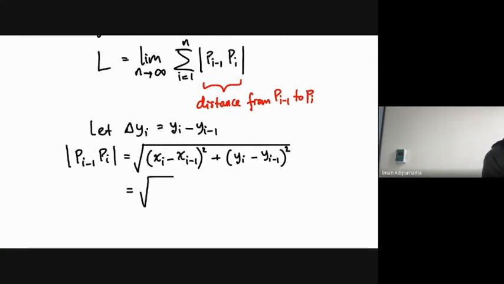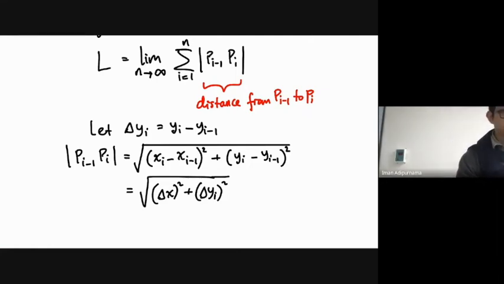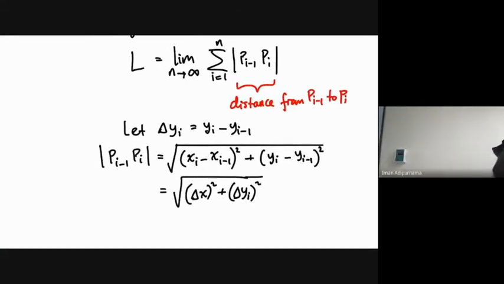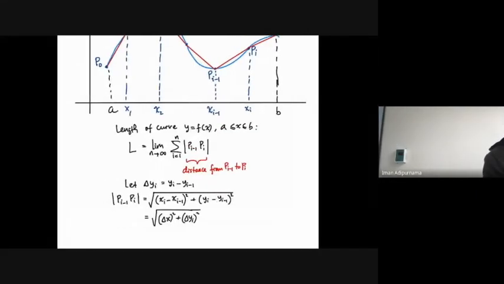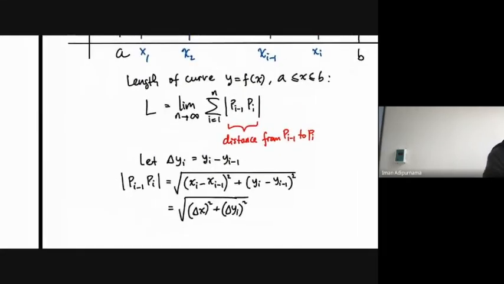Now we can write this as delta x squared plus delta y_i squared. This is the distance.